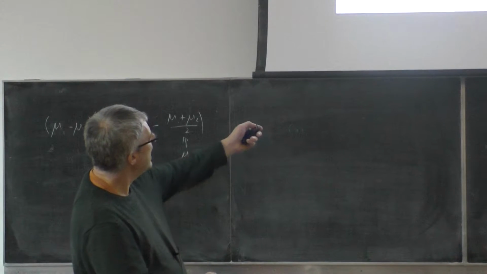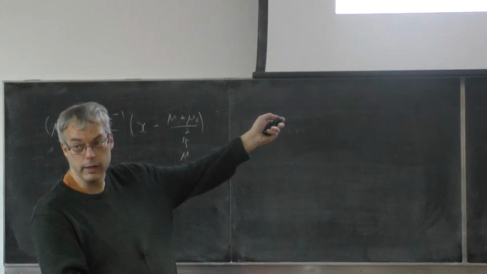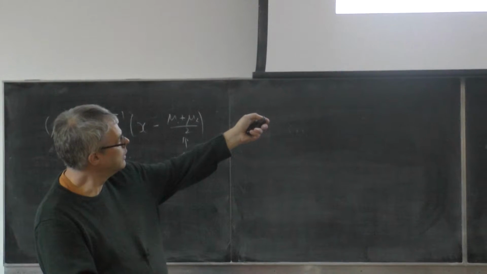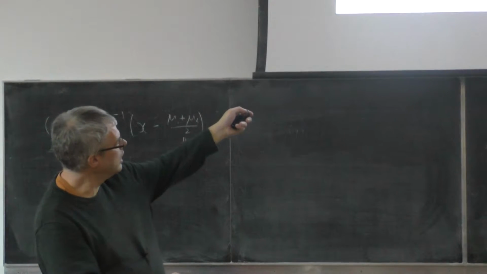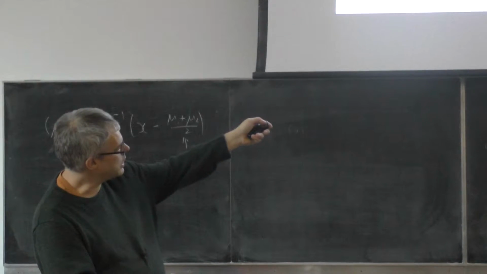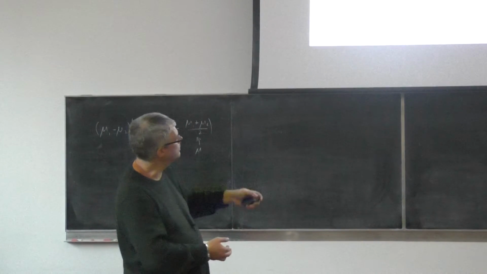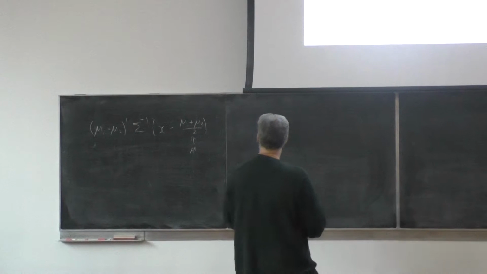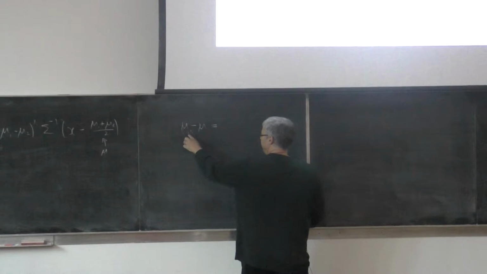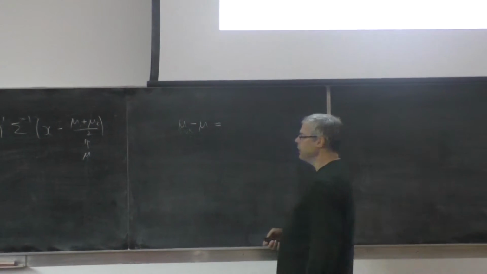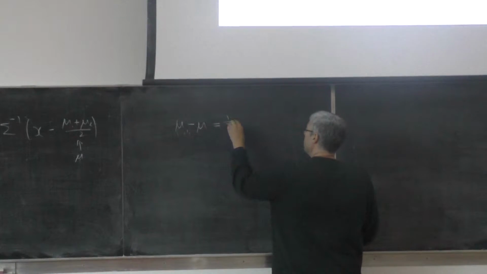Right, so if x is in population 1, then its mean is mu1. So x minus mu has mean mu1 minus mu, so mu1 minus a half of mu1 plus mu2, that's just a half of mu1 minus mu2.